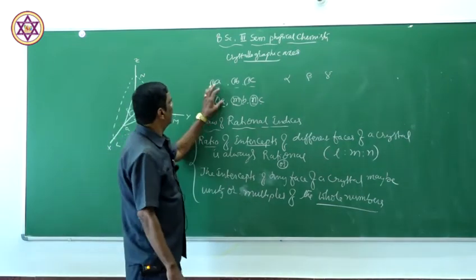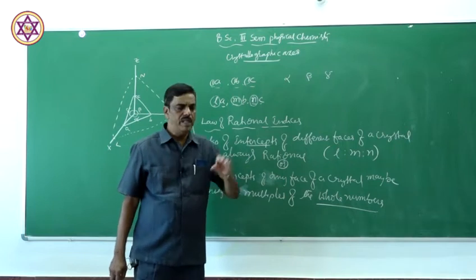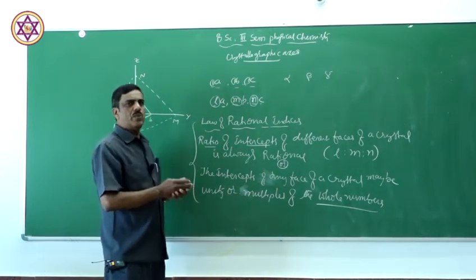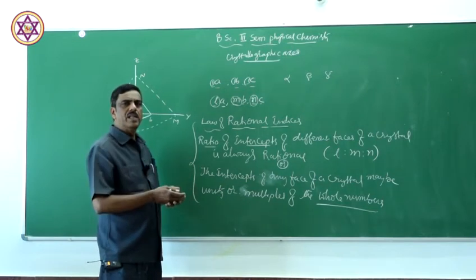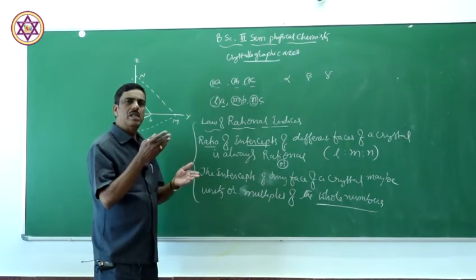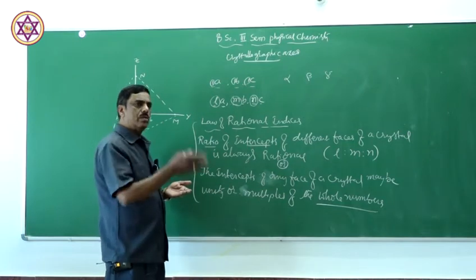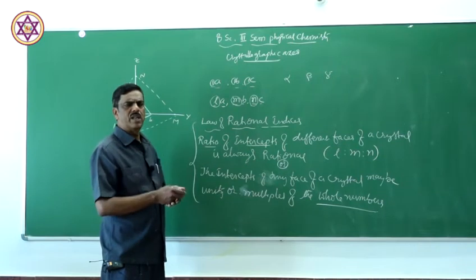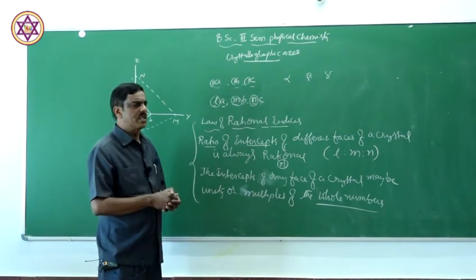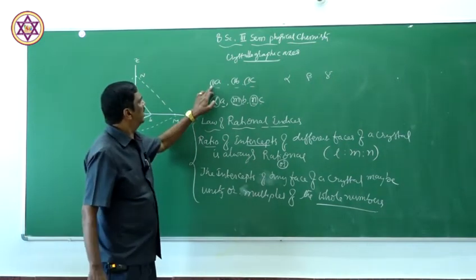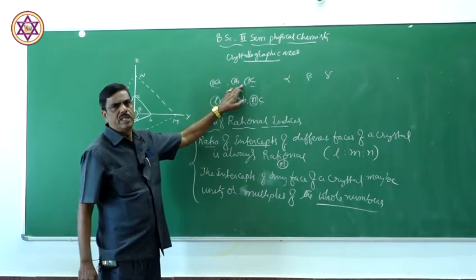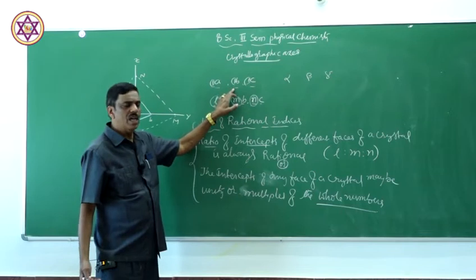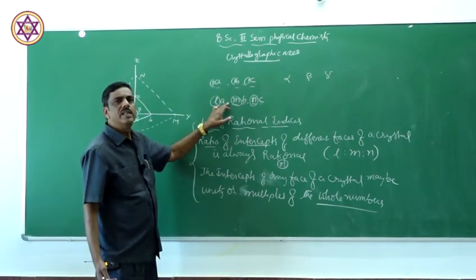In this case, if you take a crystal with many geometrical shapes, the various faces may be different. It may be a body centered cubic lattice, a face centered cubic lattice, so many geometries are there. In that case, these coefficients may not be equal to unity or simple whole number multiples.